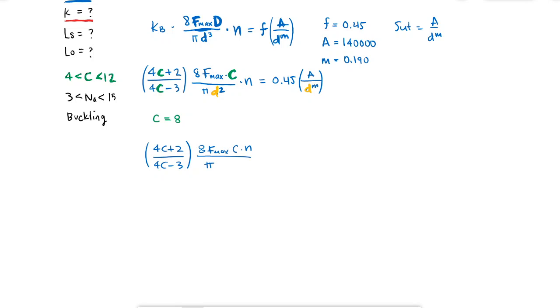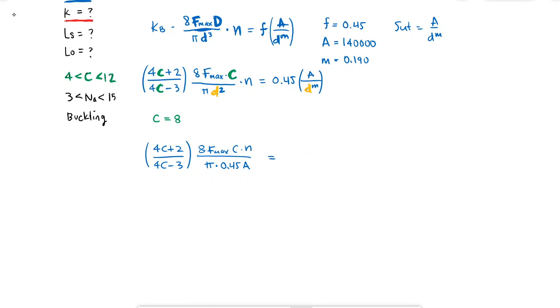I'm going to move that d squared to the right hand side, and I'm going to move the 0.45 A towards the denominator on the left side. Okay, and that would be equal to d squared over d to the M, right?